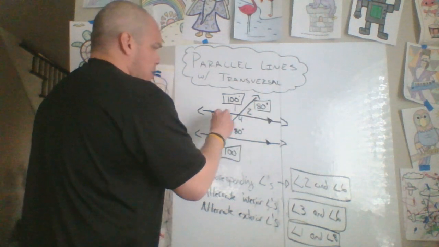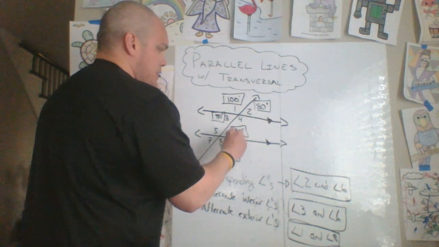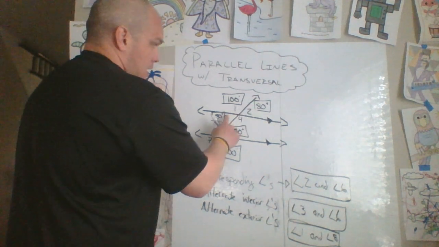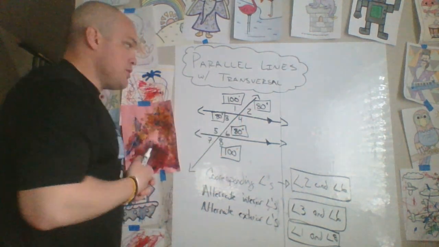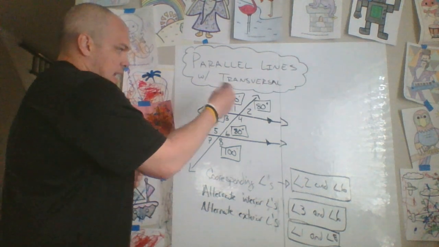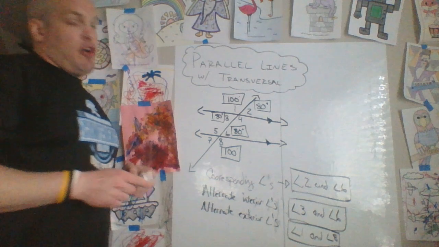Now, there are other angle relationships here, such as vertical angles. We know that vertical angles, if they're opposite of each other and they are created by two lines and they share a vertex, they are the same. So we can actually identify all of these angle measures.